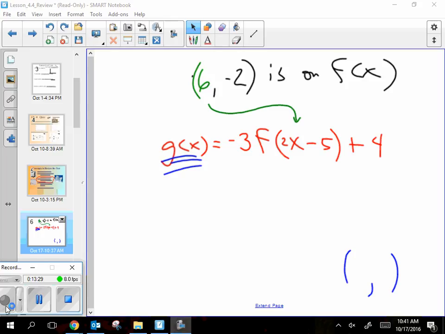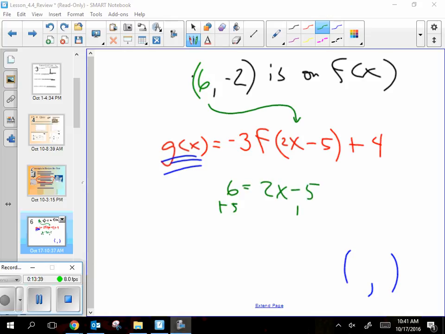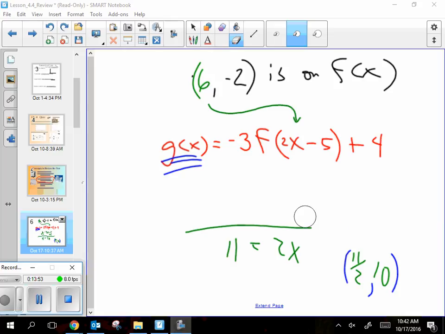All right. So pretty much everybody's doing this right. If this 6 were to be set equal to 2x minus 5, then I add 5 to both sides. Some people subtracted 5. You add 5 to both sides. 11 equals 2x. Divide by 2 is 11 halves. 11 over 2, or 5.5, comma, what was the other number? 10? And the other number is actually the harder one.